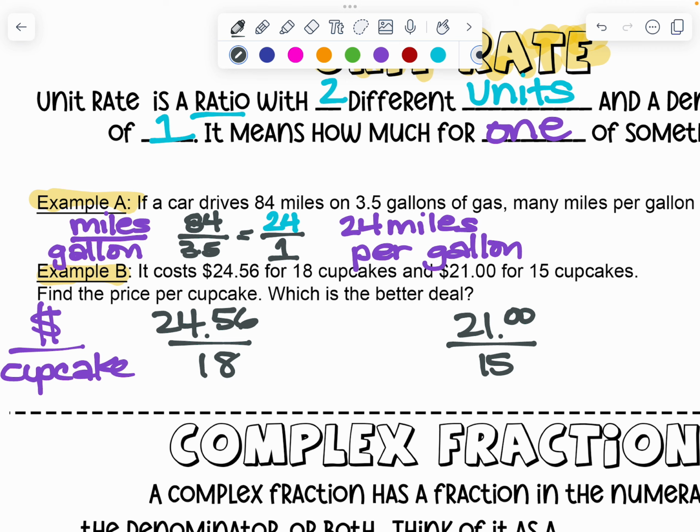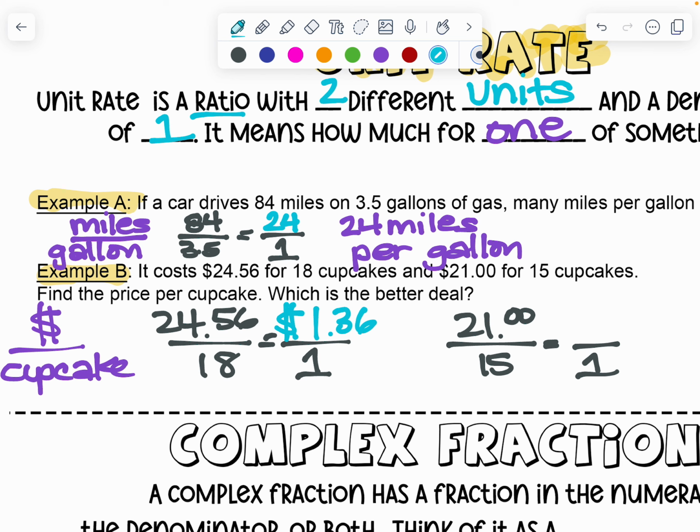Once again, I want to get the denominator down to 1 single unit, 1 single cupcake. So you're going to enter $24.56 into your calculator, hit divide, 18. If you do it correctly, you should end up with $1.36 per cupcake.